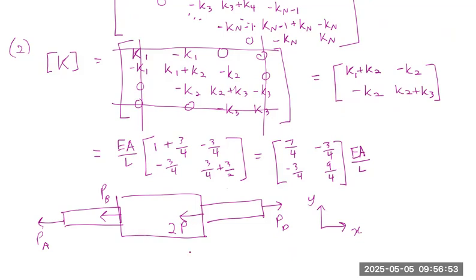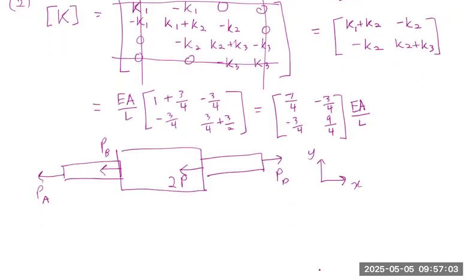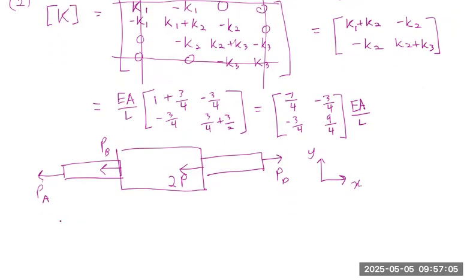Now, is there an external force applied at node 2 that will constitute our PB? Well, no. So that entry is just going to be 0. So our force matrix, which we commonly represent with curly braces, is going to be equal to our force at each node. And because there are 4 nodes, there are going to be 4 entries.